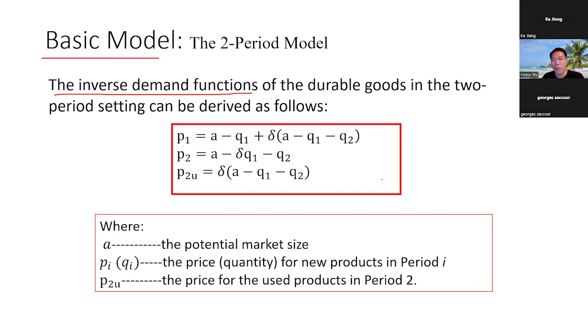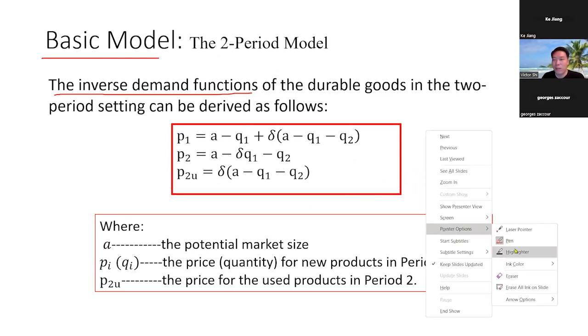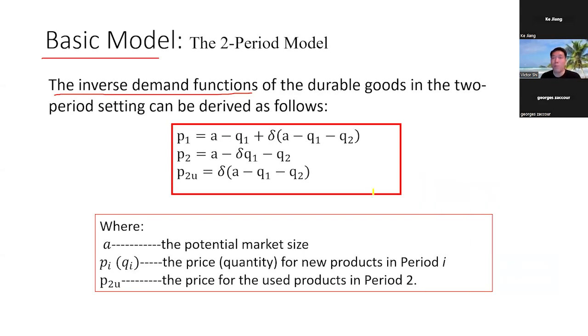And here's the demand function. I wrote the demand function here basically to remind ourselves that, in operations management, as far as I know, people like to write down demand functions without thinking too much.